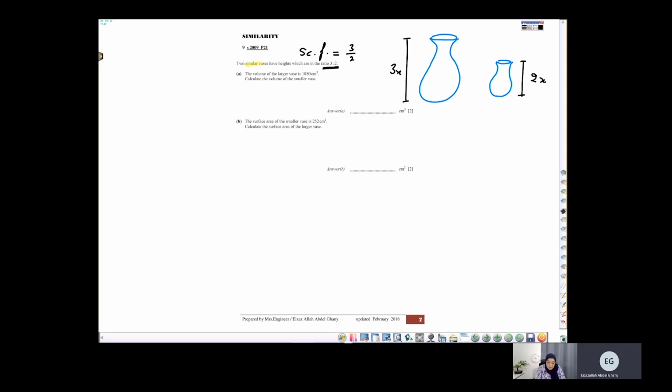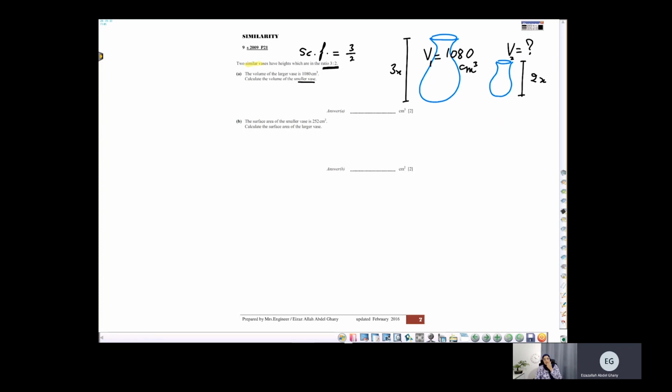Let's write the information. The volume of the larger vase is 1080 centimeter cube, and we need to find the volume of the baby vase.